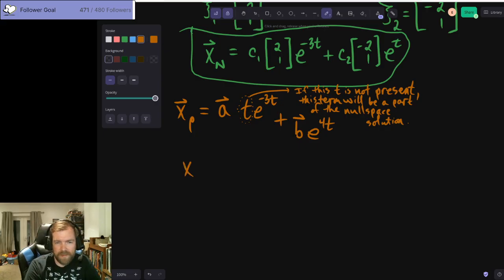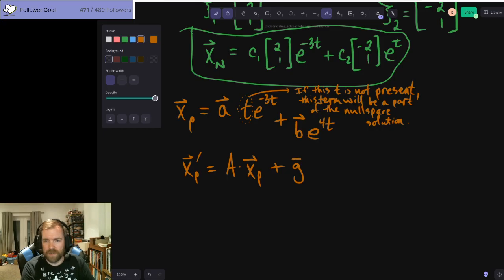All right, so x particular prime is going to be equal to A times x particular plus our g vector is the system. And then we said here, when we did this as a total system, which included both the null space and the particular system, what happened? The null space one is going to cancel.